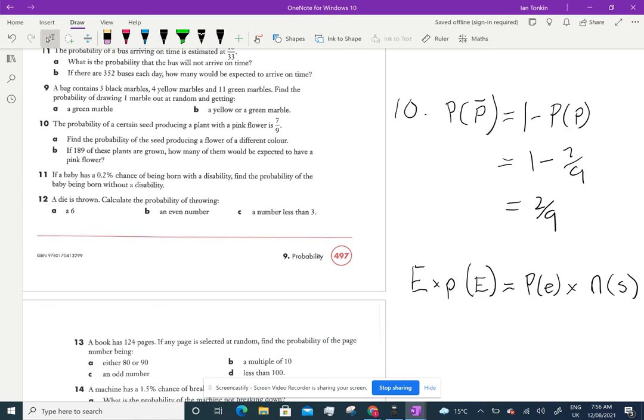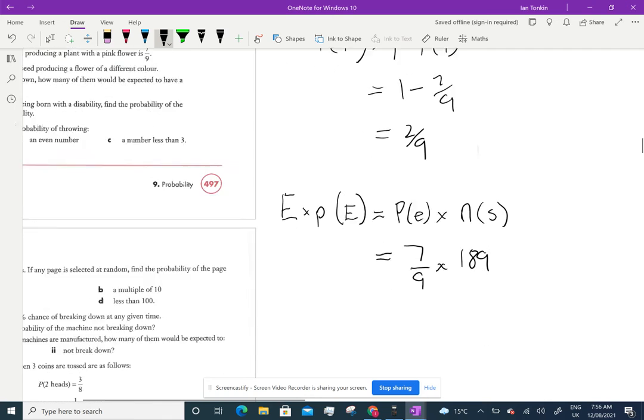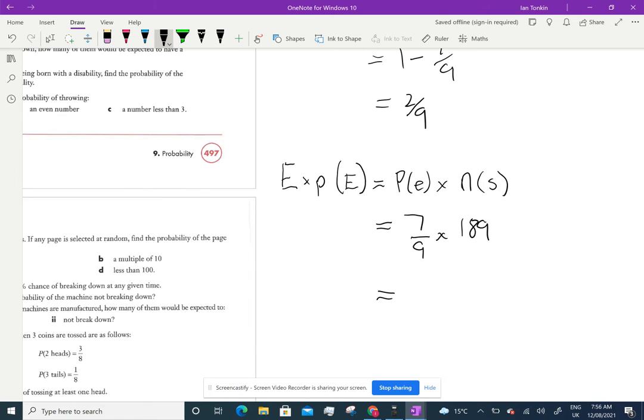So here with this question, if 189 of these plants are grown, how many would you expect to have a pink flower? Well, I just go 7 on 9 times 189, because 7/9 of them are going to be that many. And that's 147.